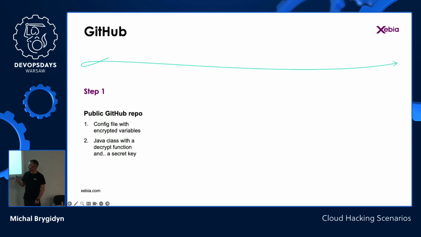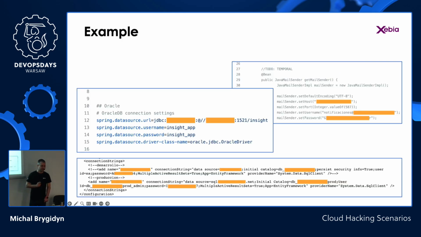But in this scenario, I found a public repository with a config file, but there are many config files with plain text credentials already there. You can see many database usernames, passwords, and endpoints.